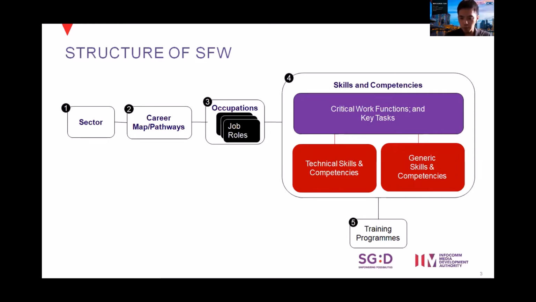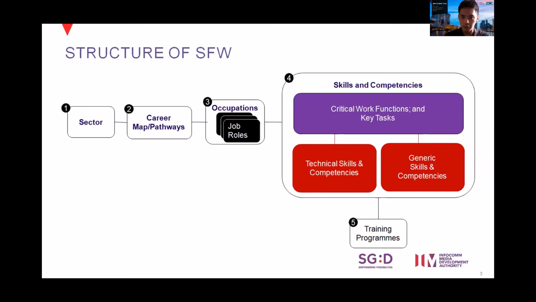For each job role in particular, there are two pieces of information to take note of. One is the critical work functions and key tasks. These are basically the job functions and tasks that a specific role or individual does as part of his job scope. The next piece of information is the skills needed to perform the job functions. These are split into two categories, as you can see. One is the technical skills and competencies, which are the hard skills that you need to do your job.